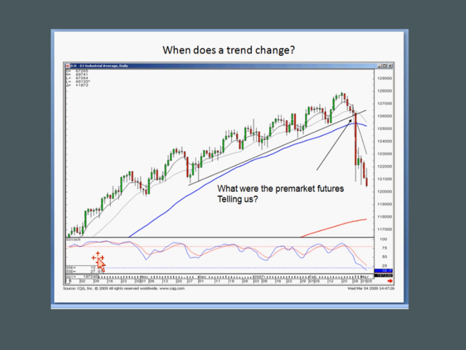So it makes trend analysis very simple. As long as your trend and your support levels are maintained, you can stay in that direction. Once it's breached, it tells you there's been a change of investor sentiment. Again, this is not rocket science. This is just common sense.